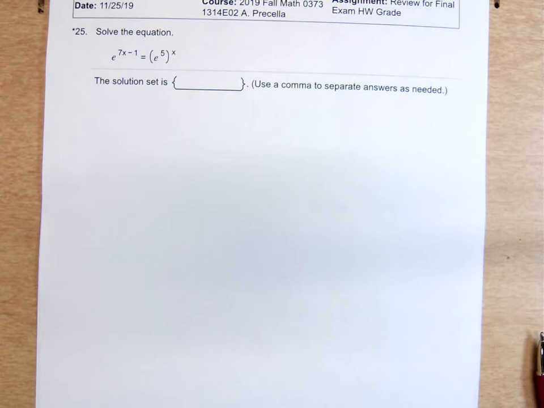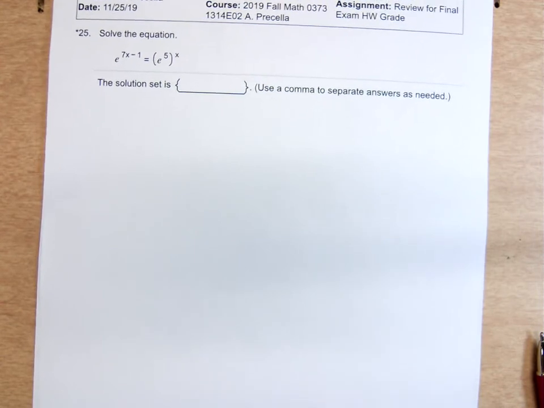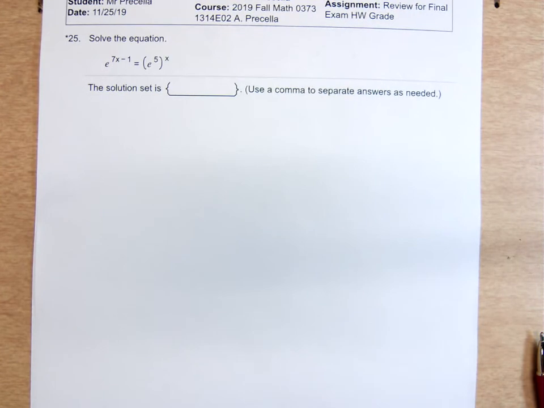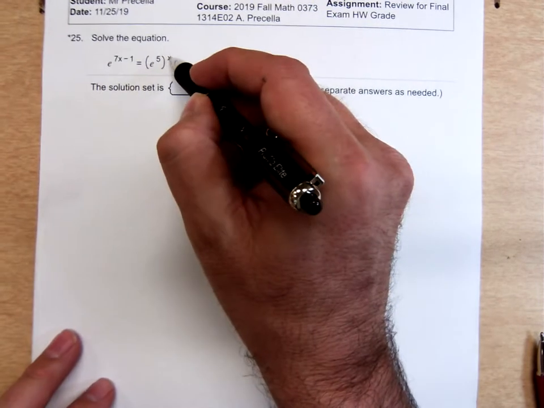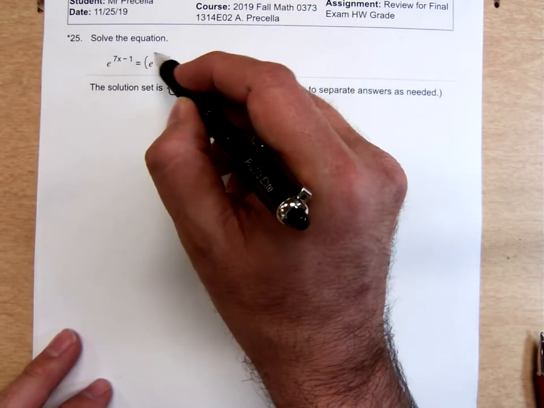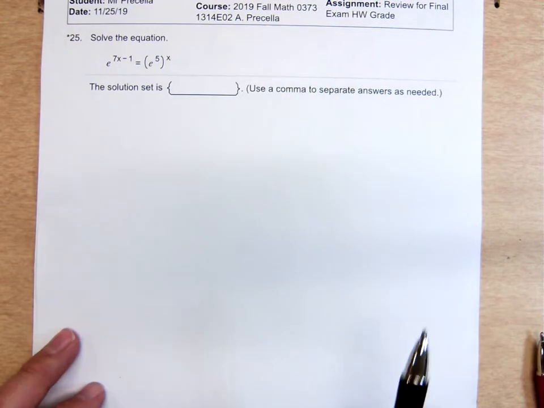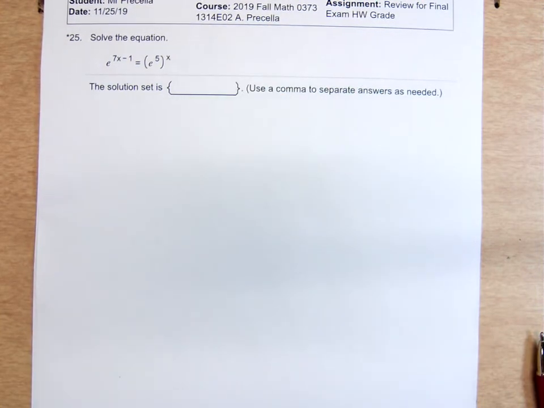Okay, so we're up to number 25. It says solve this equation. Well, it sure doesn't give us a lot of hints on what to do here. Well, the variable is up in the exponent. So that means this is an exponential equation. We have 2 ways of solving those.